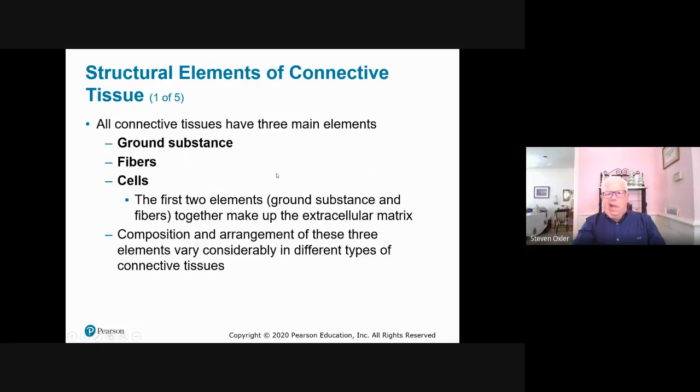In the ECM, you have ground substance, fibers, and cells. The first two elements, ground substance and fibers, are basically the extracellular matrix. So ground substance and fibers is the ECM.